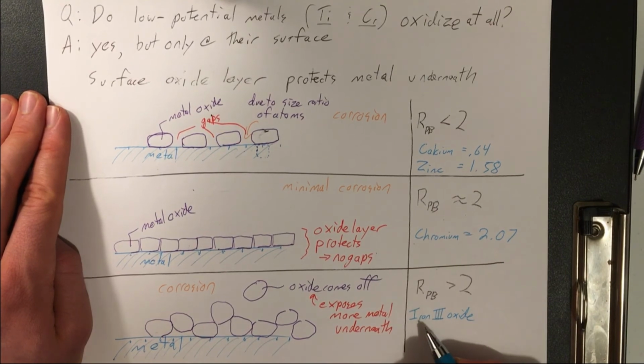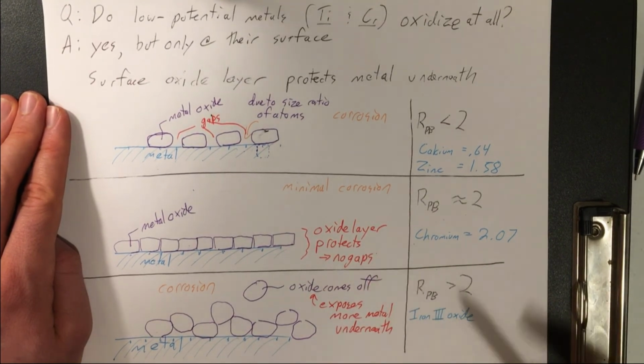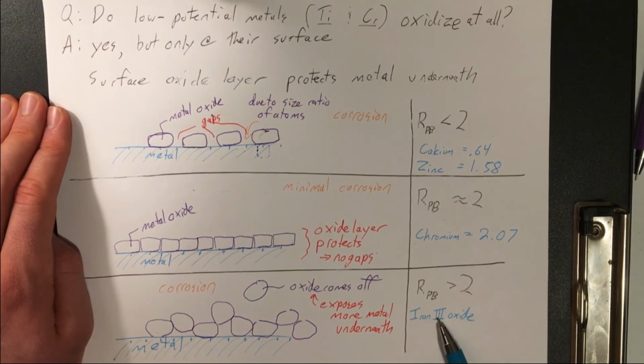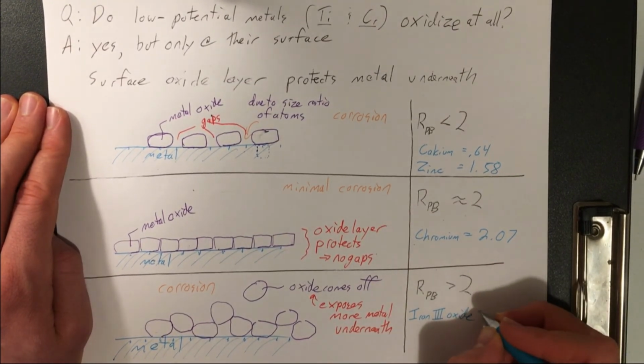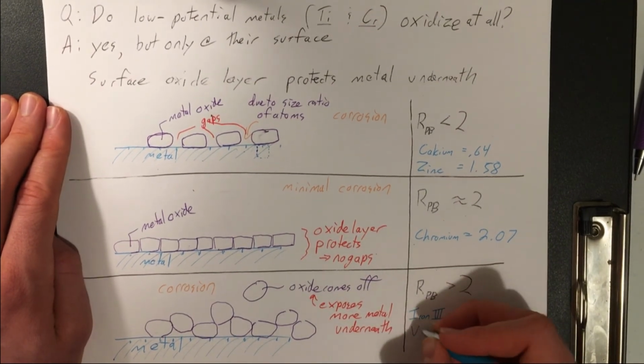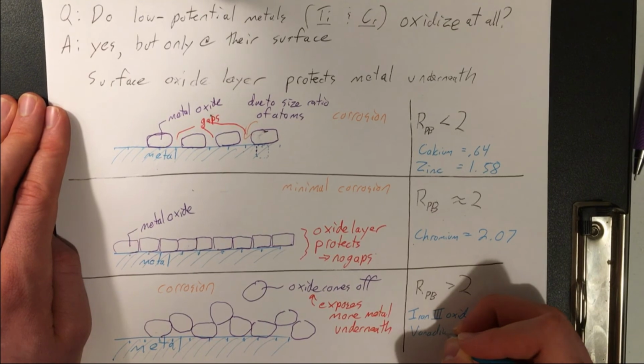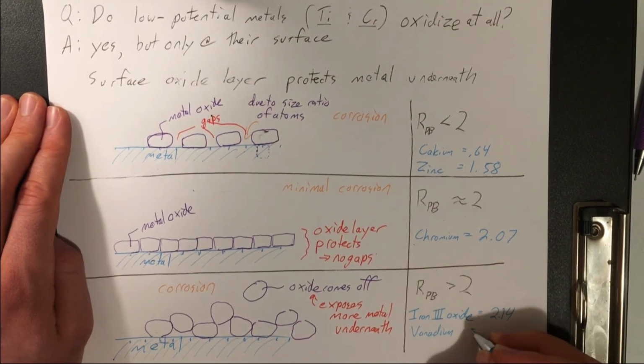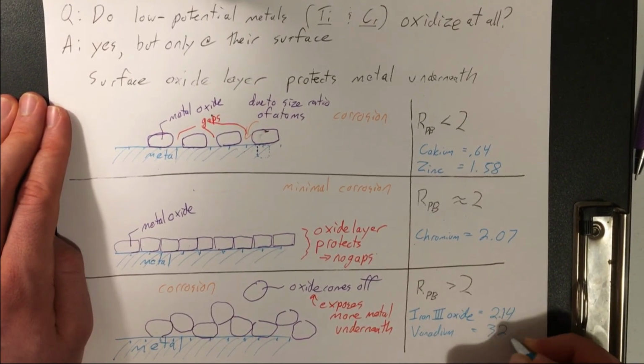So you know how certain metals can have different oxidation numbers. Well, for example, iron 3 oxide has a Pilling-Bedworth ratio of 2.14. Vanadium has a Pilling-Bedworth ratio of 3.25.